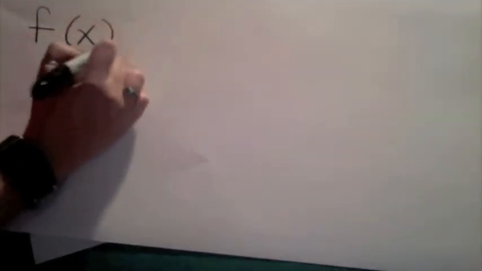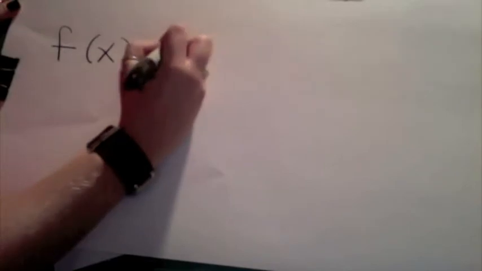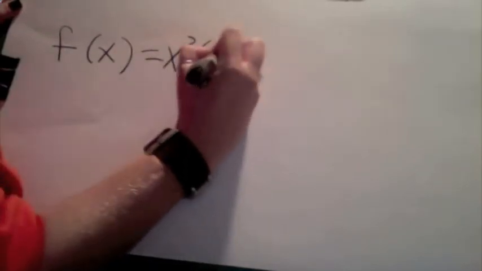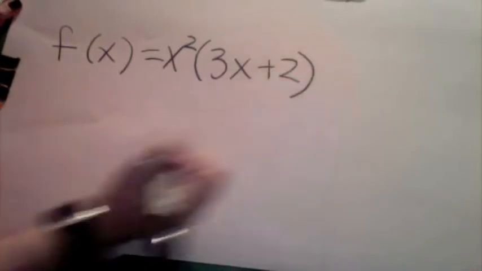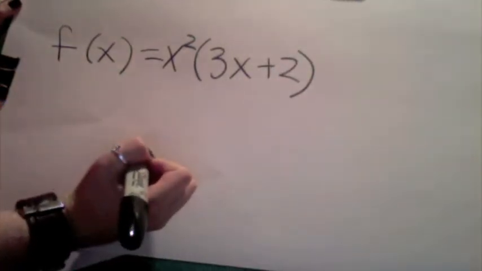If you had f of x equals x squared times 3x plus 2, then you have to use the product rule.